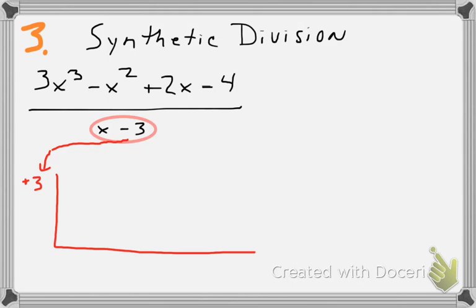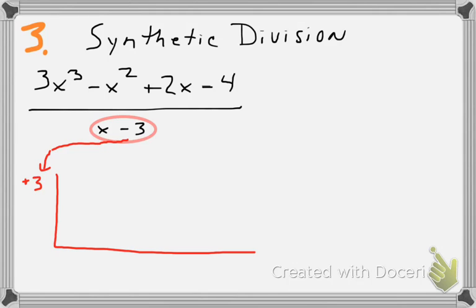On the inside of your upside down division sign, you write the coefficients of the variables. Now, whatever's on the top of your fraction, or whatever you're dividing, the terms have to be written in descending order. So it has to go, in this case, x to the third, x to the second, x to the first, x to the nothing.